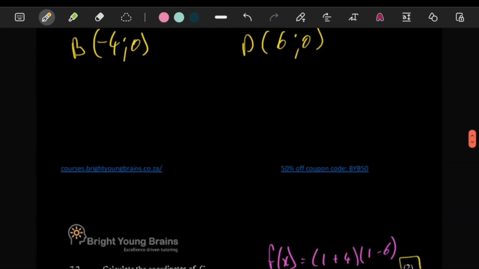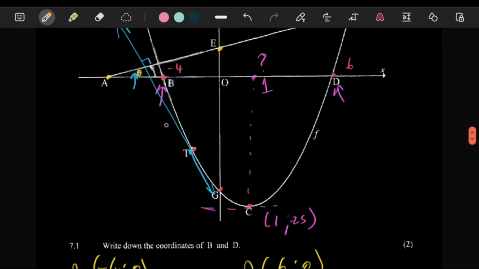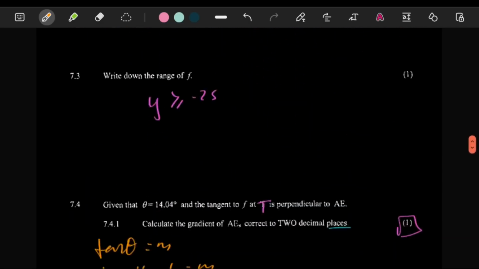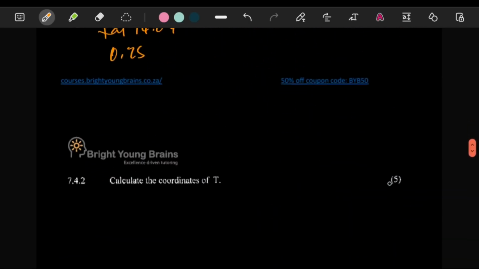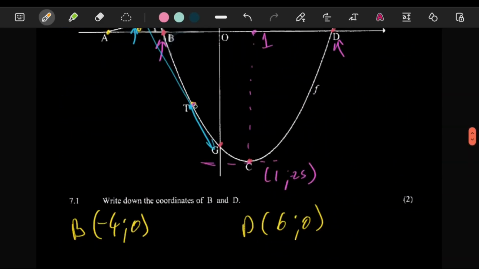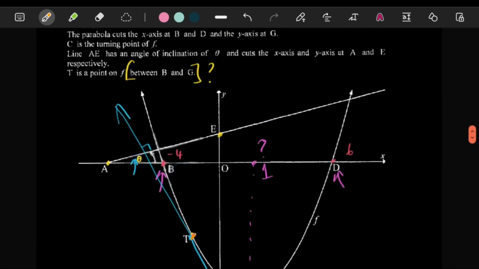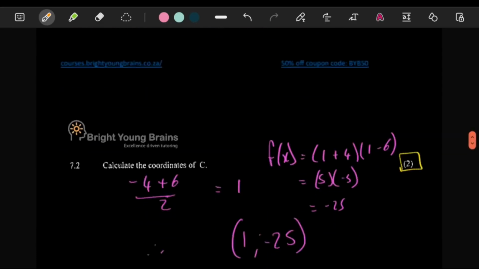You have the gradient of AE. You could easily use that to get the gradient of this line here passing through T. That's why they're asking us for the coordinate of T here, because T is the point of contact between the curve and the tangent.